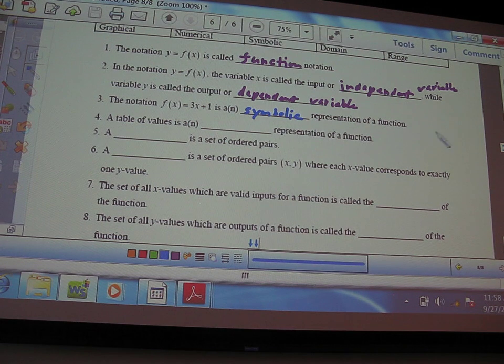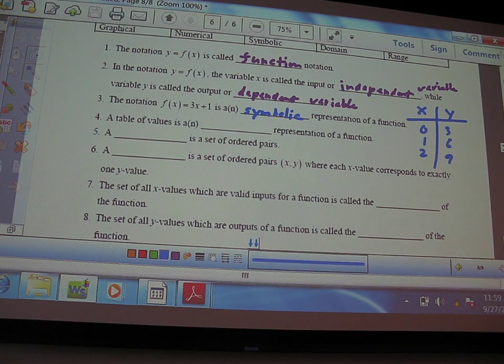Table of values. Aha. Table like this, x and y. 0, 1, 2, and this is like 3, 6, 9, something like that. This is what kind of representation of a function? These aren't symbols. So verbal, graphical, or numerical. What do you guys think? Is it a graph? One vote for numerical.